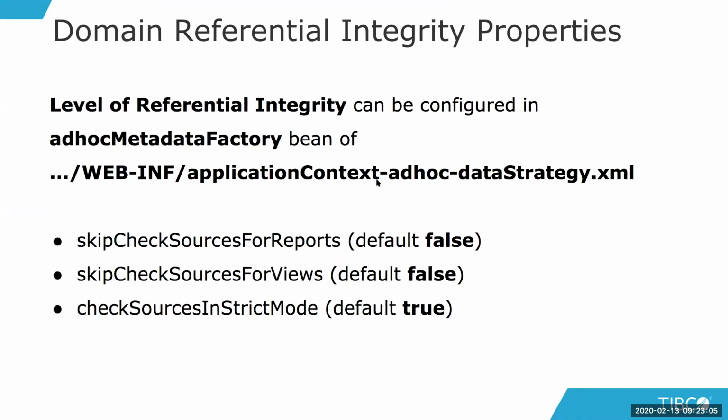And let's see the next topic, which is a little bit more technical, let's say. In JasperReports Server 7.1, we introduced features that allow checking for invalid fields referenced by a report or a view, in order to avoid executing a report or a view for which all the fields were no longer available.